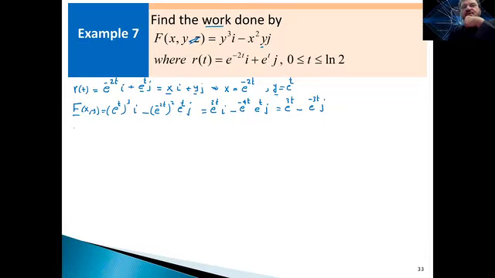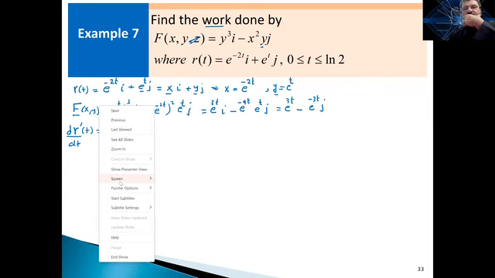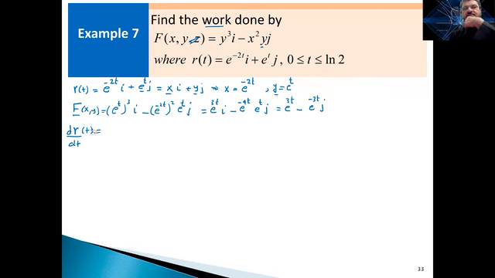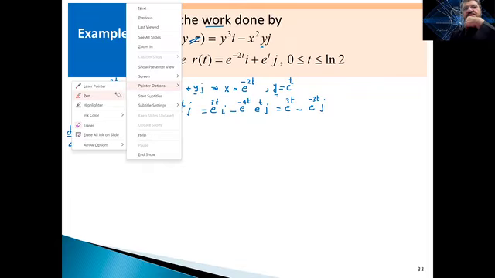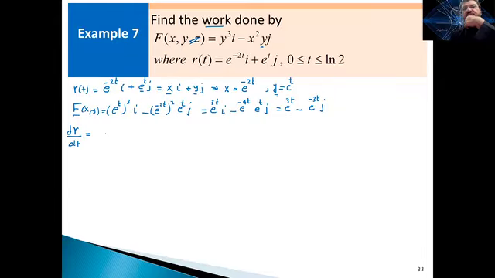Now, what's the next step? We differentiate r, the derivative of that. What's the derivative of this? Or you can say dr over dt. Let me be more precise so you follow the same steps. What's dr over dt? The derivative of the exponential function is the exponential function itself times the derivative of the power.